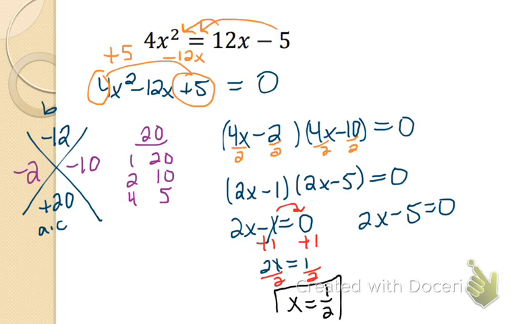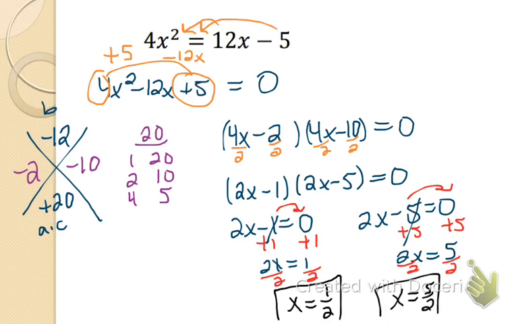So x is 1/2 is our first solution. In our second solution, we got to move the 5 over by adding. So we get 2x is 5. Then we divide by 2. And we get that x is 5 over 2. And these are our two solutions.